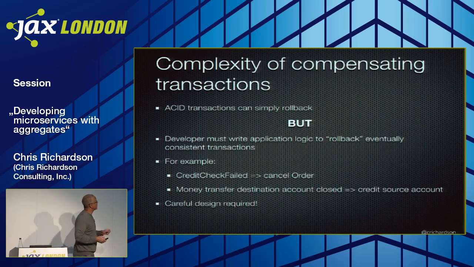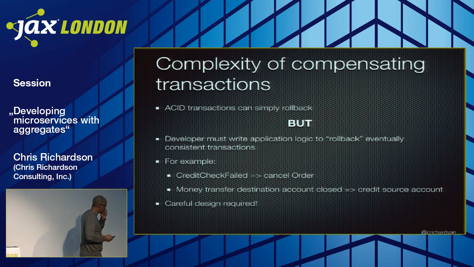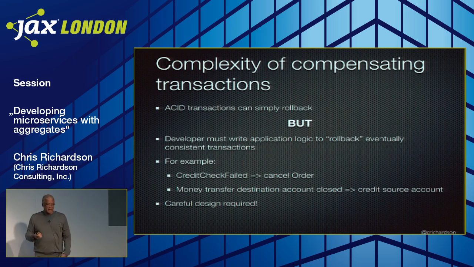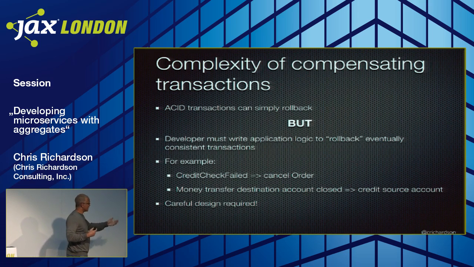So this works pretty well. But it's a more complex programming model. In particular, if you think about an ACID transaction, it can update whatever it wants. And then if it finds at some point that a business rule has been violated, it can just roll back the transaction, and it would be as if nothing had ever happened.